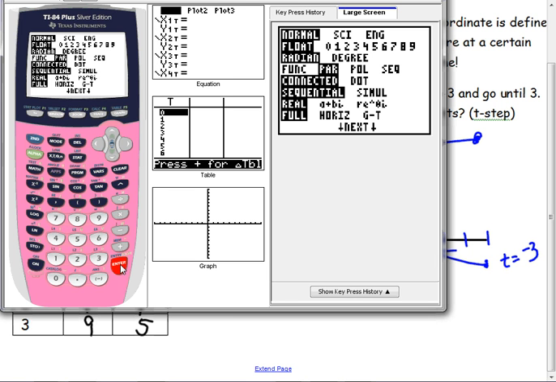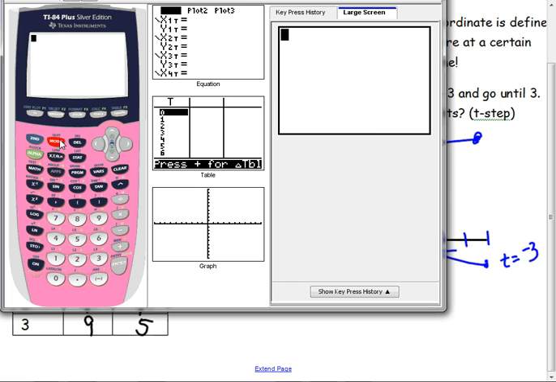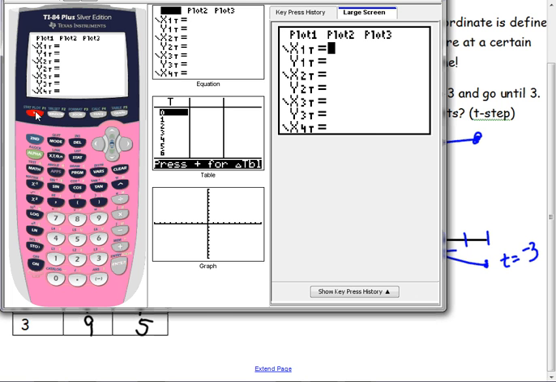Okay, now, look what's going to happen to my x's and y's. Now I have my x, and so I'm going to quit, and I'm going to press y equals, now it'll match. And x was t squared, right? Now notice, see this x, t, theta, n button? It is now a t.